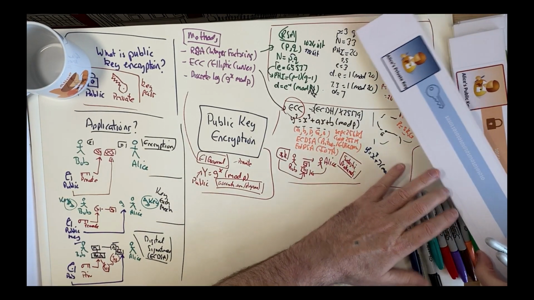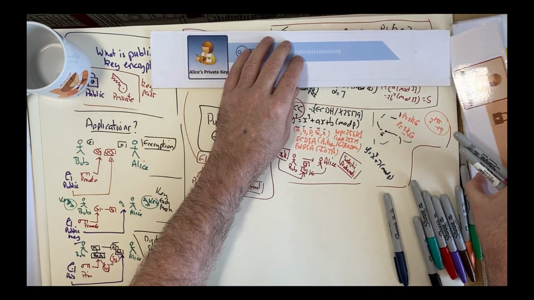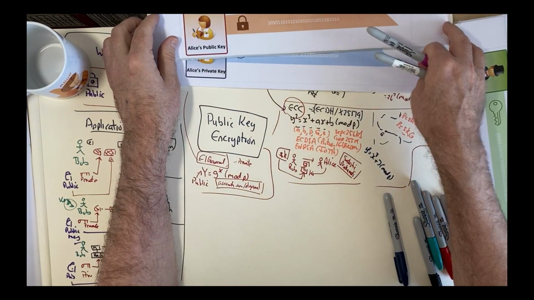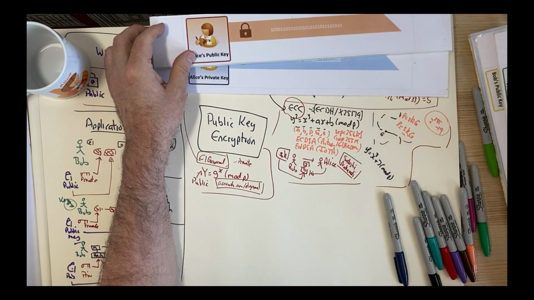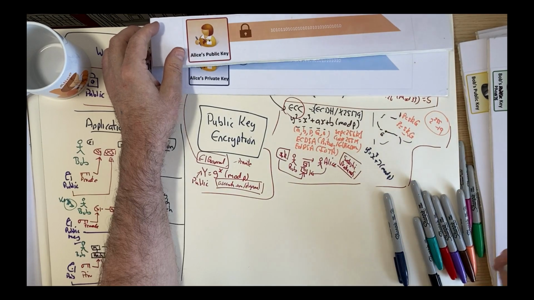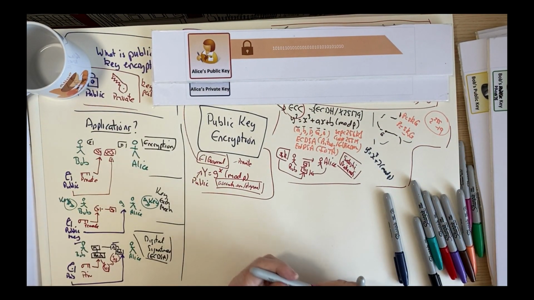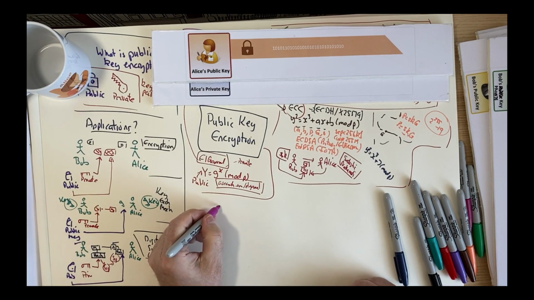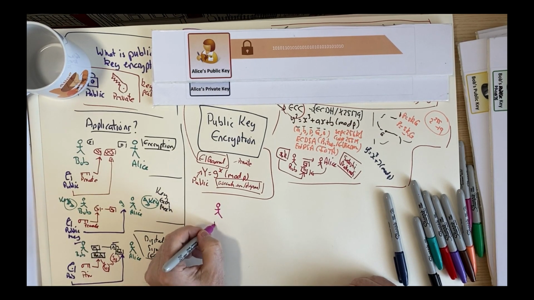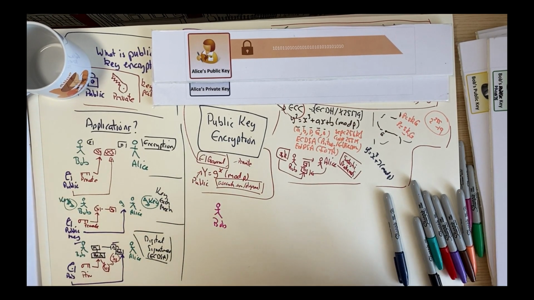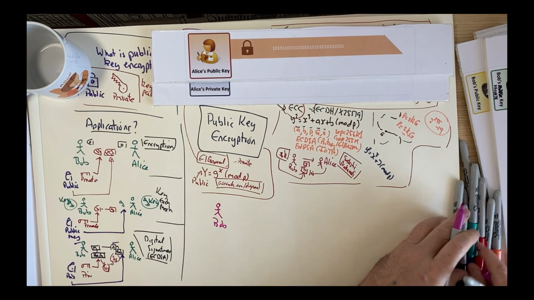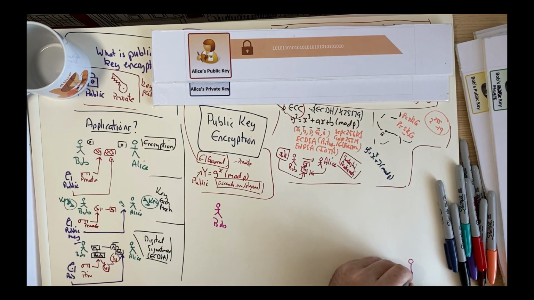Okay, so I've got my keys here. Hopefully I can keep track of them. So I've got Bob's public and private key and Alice's public and private key. Got some certificates over here. That's fine. So what we'll do is we'll start off with Bob here, and then we'll have Alice over here.